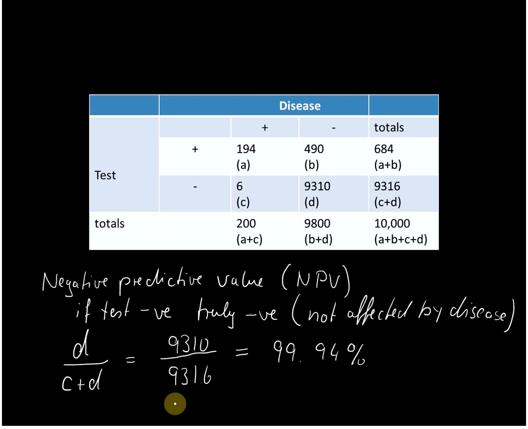So if the test is negative, you can be 99.94% sure that you don't have the disease, which is quite nice. So you test negative and you can be fairly certain that you don't have the disease.